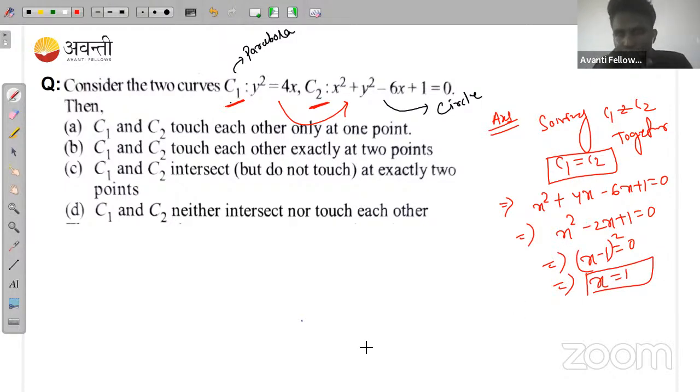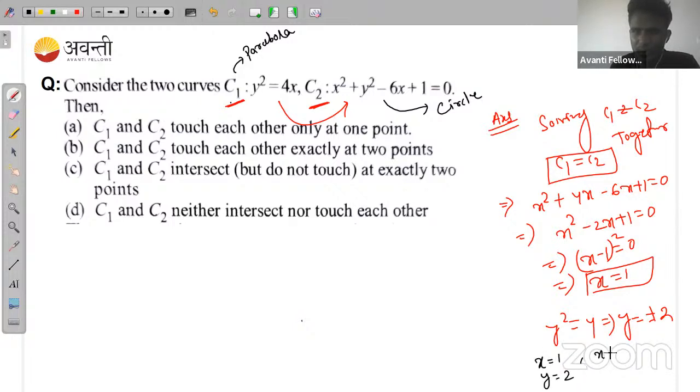When x is equal to 1, put in the curve 1, then you will get y square is equal to 4, implies y क्या हो जाएगा? Plus or minus 2. So we have 2 points of intersection basically. One is x is equal to 1, y is equal to 2, another one is x is equal to 1, y is equal to minus 2.